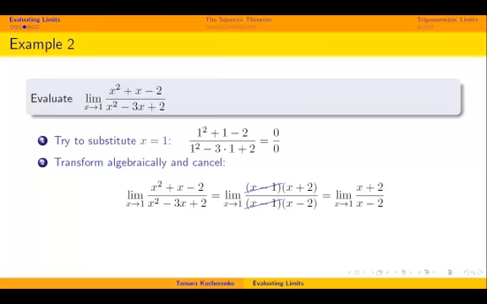The last step is to substitute 1 for x. The limit as x tends to 1 of x plus 2 over x minus 2 equals 1 plus 2 over 1 minus 2 equals negative 3.